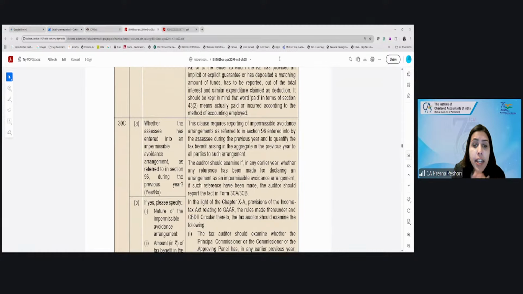Or where any reference has been made in an earlier year for declaring an arrangement as impermissible avoidance arrangement by the assessing officer, then we can further examine. But if we do not know it already, how will he examine? So here, even though the government is asking in 3CD, the auditor will not be able to comment on this appropriately. Are we clear?